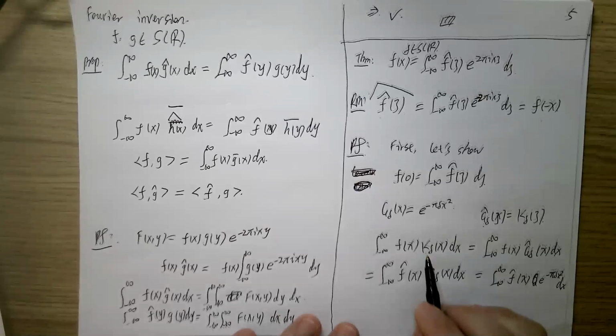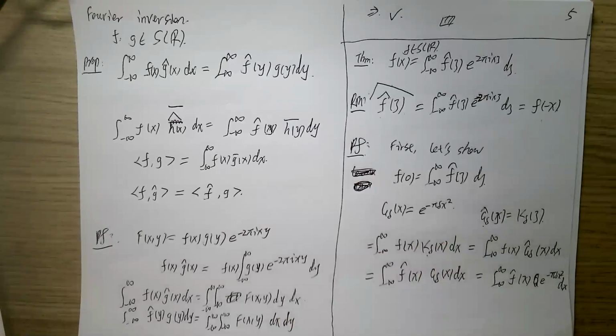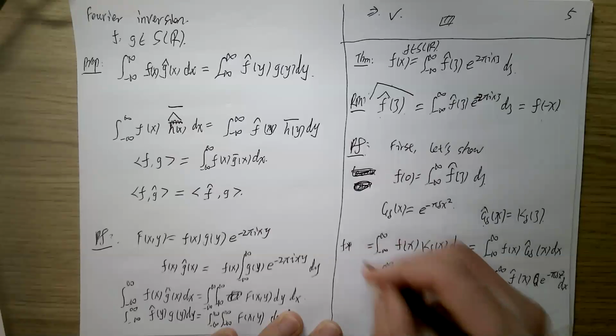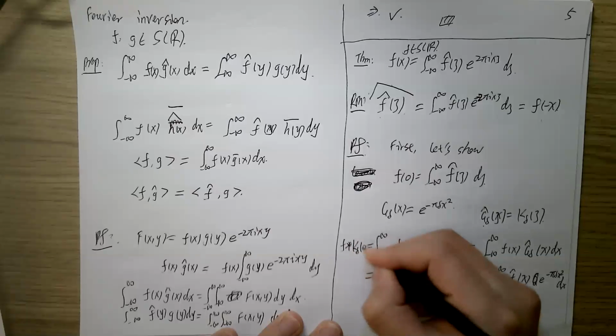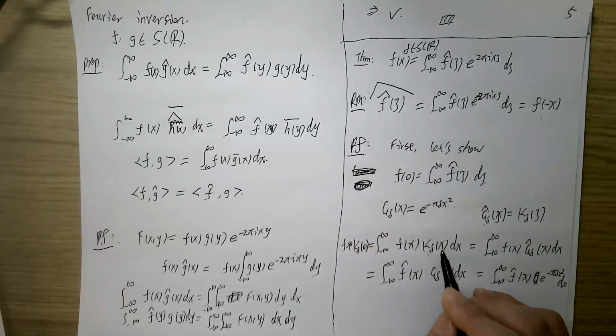But what is the left-hand side? Well, the left-hand side is nothing but f convolved with K_δ evaluated at 0, right? Because K_δ(x) is equal to K_δ(minus x).